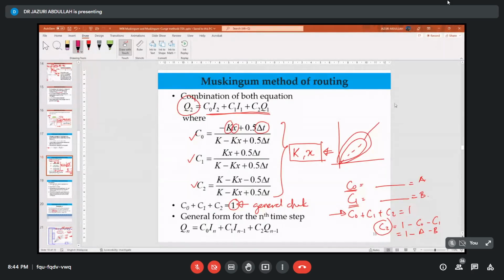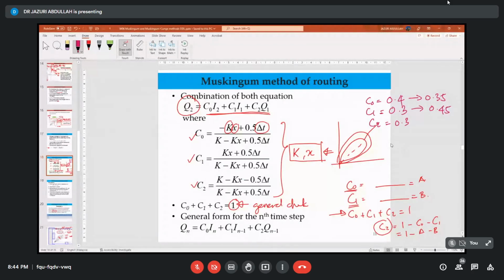Let's say C0 is supposedly 0.4 and C1 is 0.3. Then C2, if you subtract here, you will get about 0.3. Okay, let's say this is the value. But because you wrongly calculated, you pressed the calculator wrongly, you get this value as 0.35 and this value as 0.45.